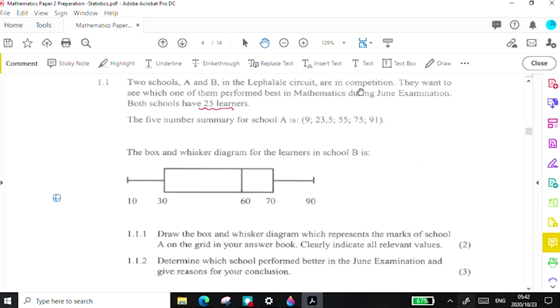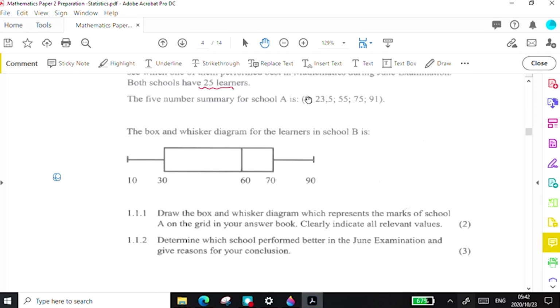Now to sketch the box whisker diagram, we need to use the 5-number summary. What this 5-number summary tells us is that your first value is the minimum value, so it's the smallest value. And the last value is the maximum value, which is the largest value.